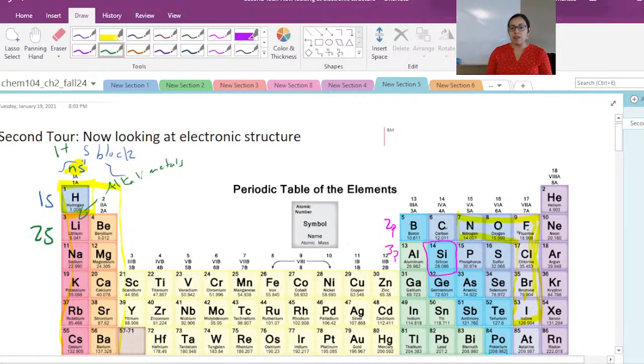And then it should match. So now this is our np5. All these are going to have the ending ns2 np5 to correspond to the 7 valence electrons, 5 of those in our p orbital.